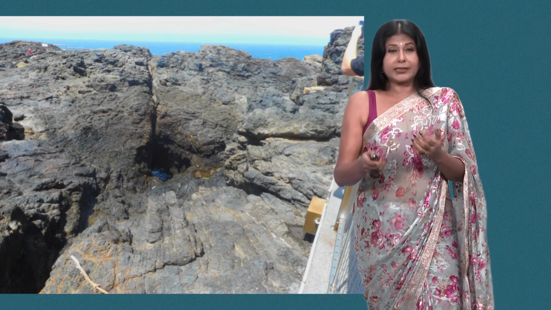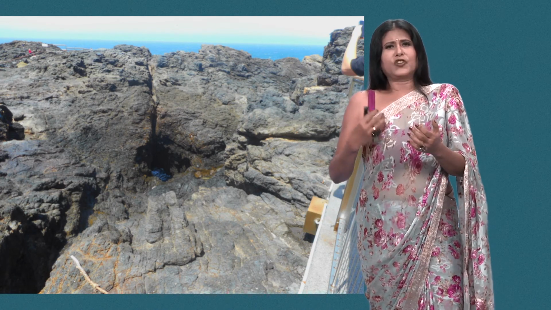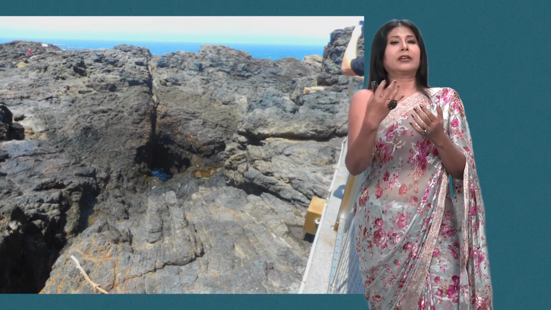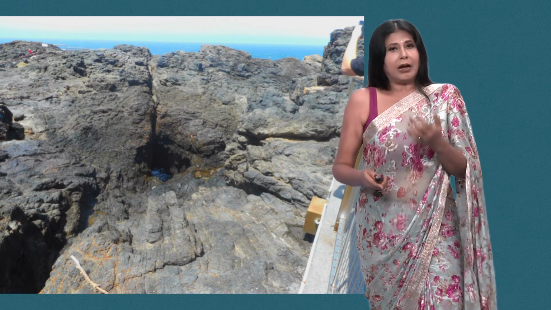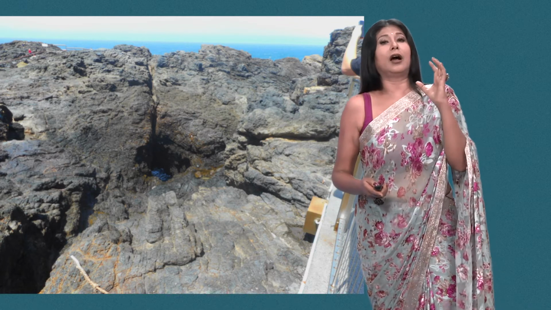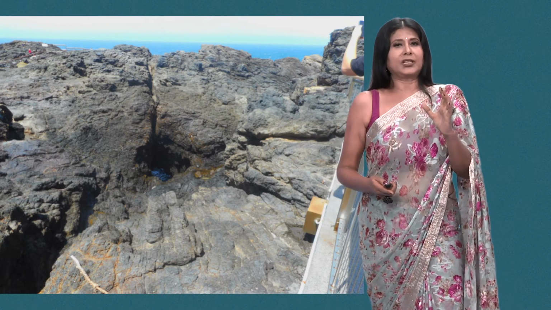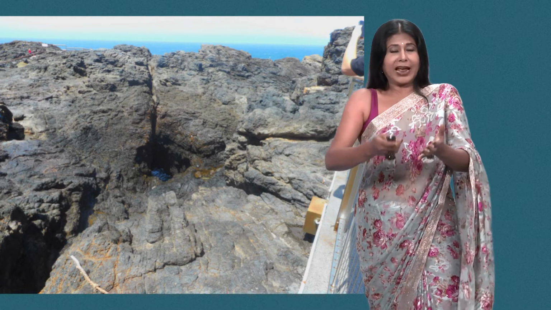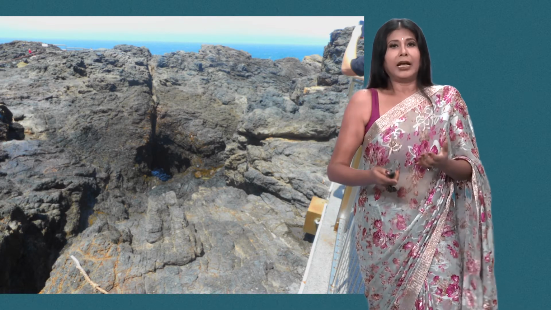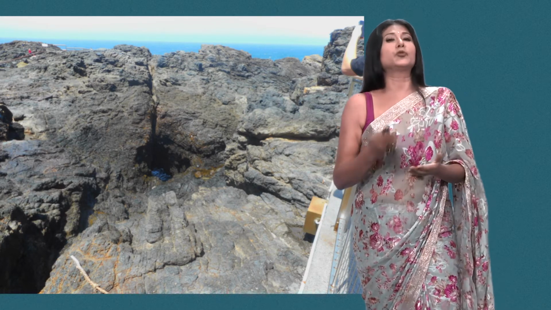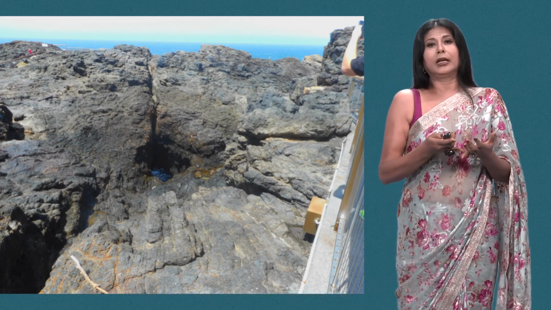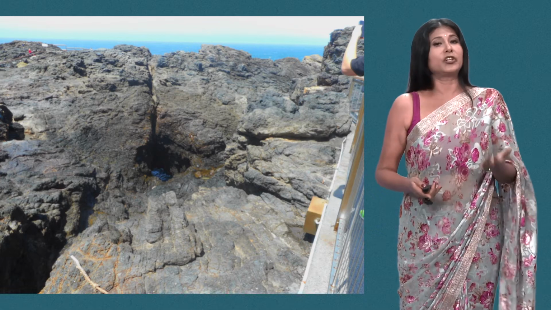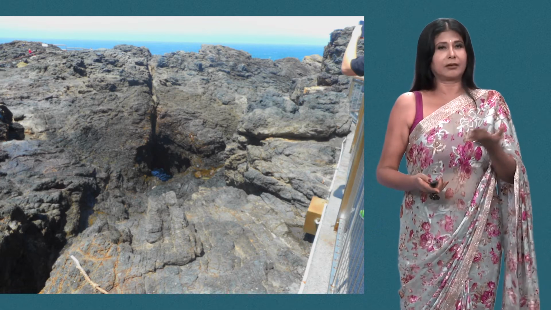What we see is a giant joint, and there is a cave. So during the high tide or during a high wave period, the water comes and blasts. It comes through this narrow opening and forms a geyser like this, which we call a geo. This we have in Hedvi in Maharashtra. This is a feature which we will find.